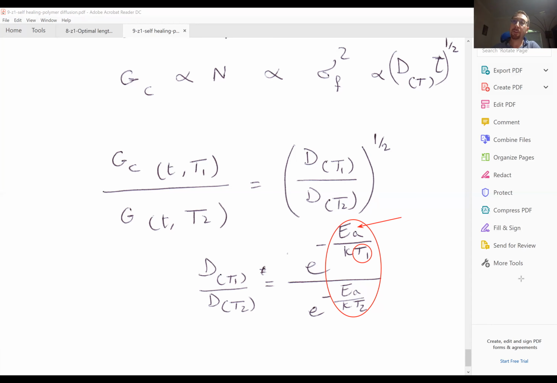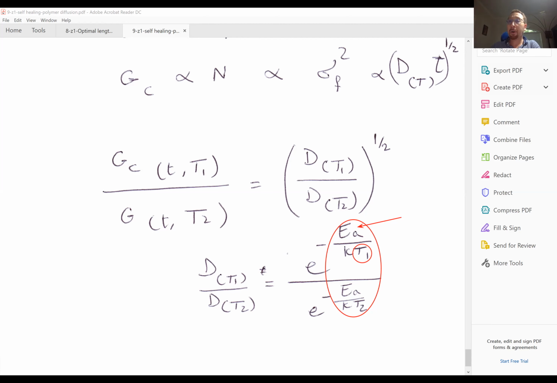But in some cases, like if I have a thermoplastic polymer and I just don't make any changes in the microstructure, then obviously the activation energy is not going to change. So that means I only have one variable to expedite this healing, and that is increasing the temperature.